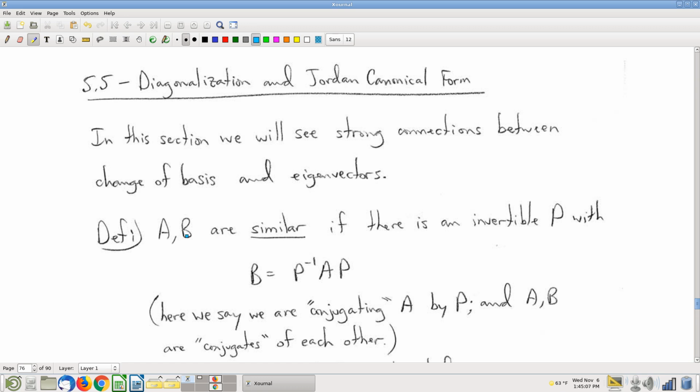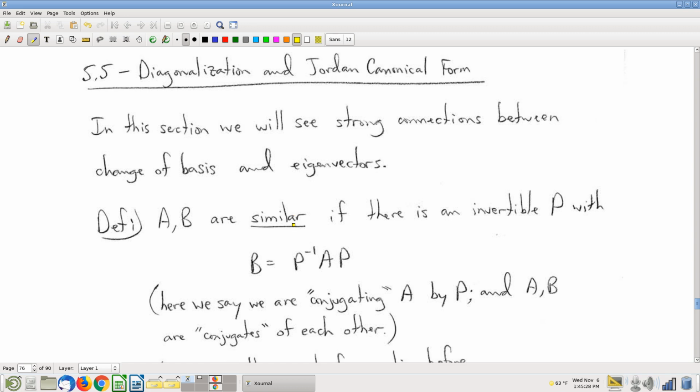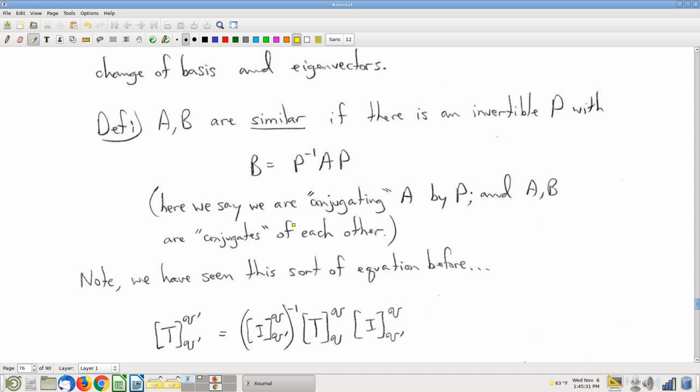These two matrices that are similar are called conjugates of each other because, from a semantics point of view, one is achieved from the other by conjugating. So it's just terminology. Okay, so again, what do these two matrices A and B have in common, thus motivating the term similarity? Well, quick reminder.